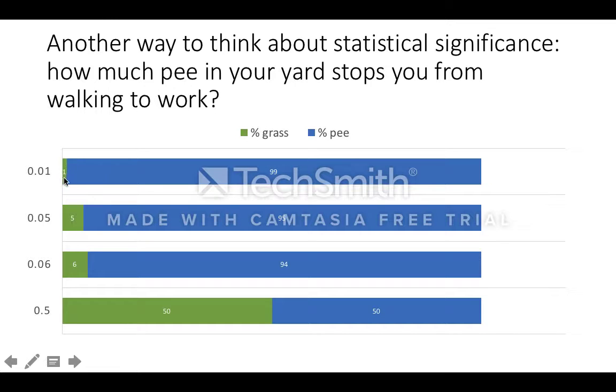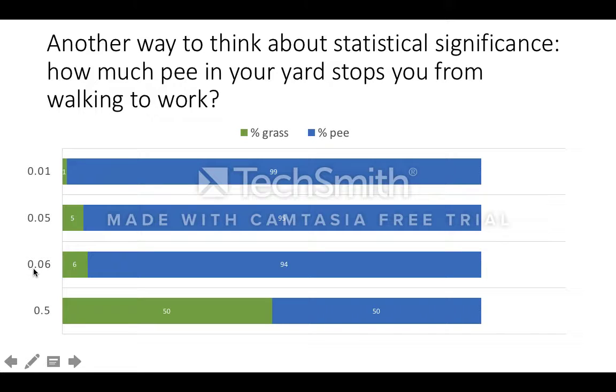In other words, the yard is 1% grass and 99% pee, which means our fictional politician can't get to work, and there's only a 1% probability that the amount of pee in the yard is due to chance alone. There's a 99% probability that the amount of pee in the yard is due to this fictional politician's policy decisions, limiting access to public bathrooms, resulting in the fact that we now need to pee in his yard.